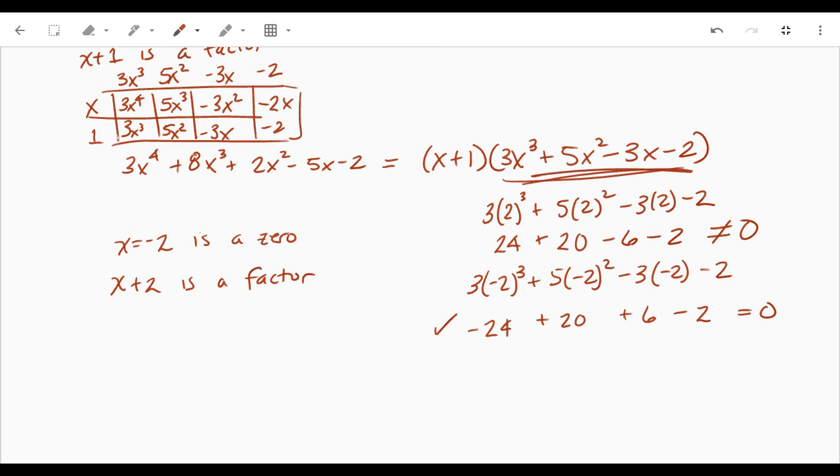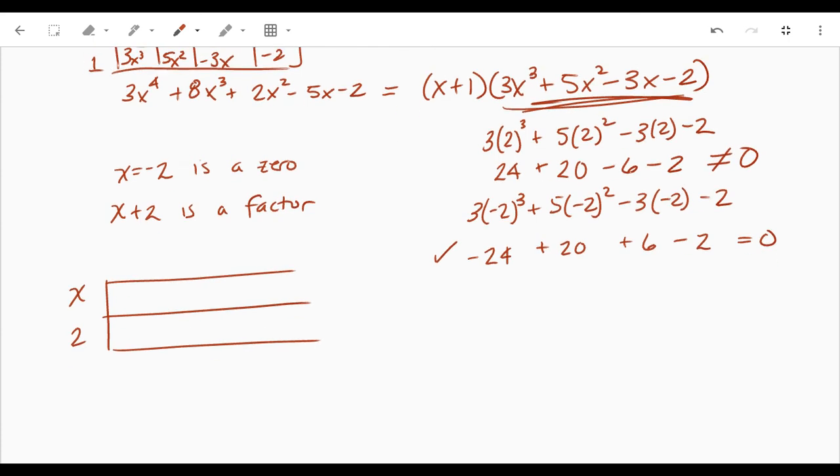And we're just going to factor out of that second expression. Okay, so x plus 2 will factor out of the 3x cubed plus 5x squared minus 3x minus 2. And again, there won't be a remainder. Okay, so 3x cubed here, 3x squared here, 6x squared, and negative x squared.